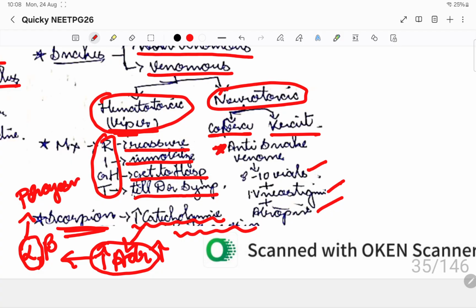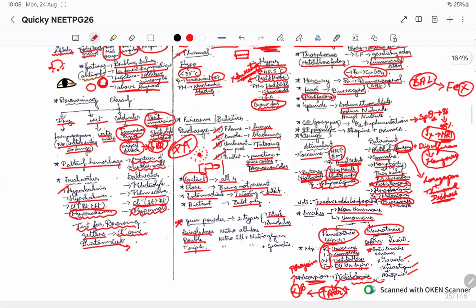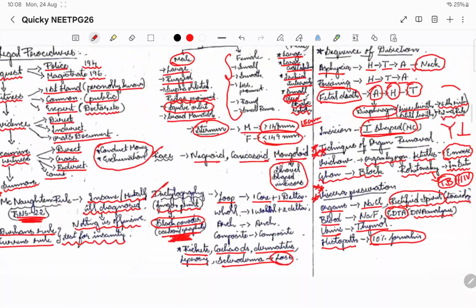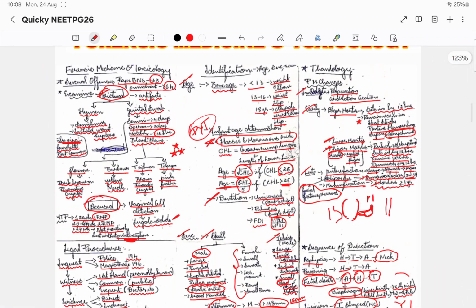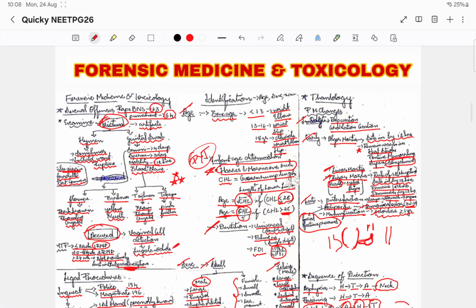Okay, this is all and everything you need to know with respect to forensic medicine and toxicology. With respect to toxicology, there are some image based questions they might ask you. For example, the flower nerium, and there is something called kesari dal infusion and all.